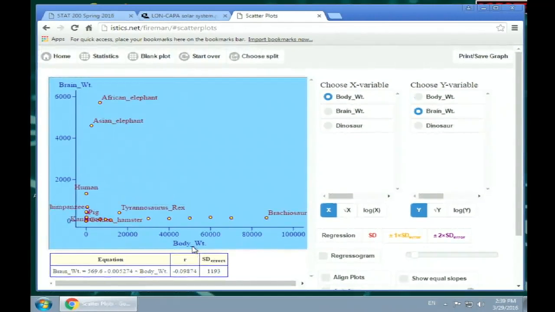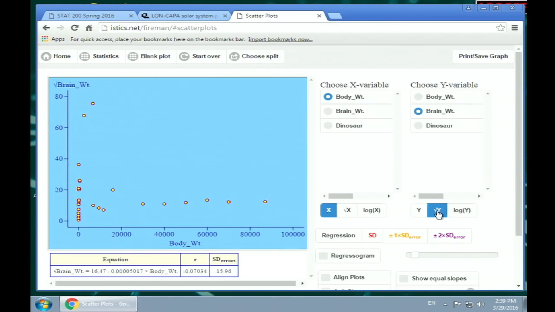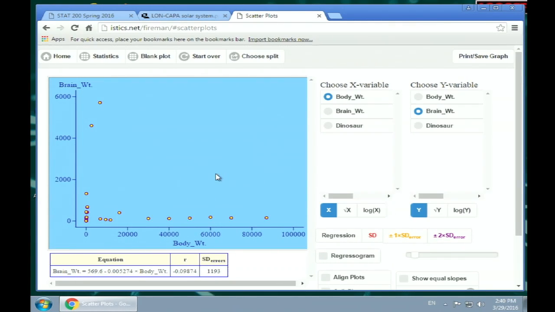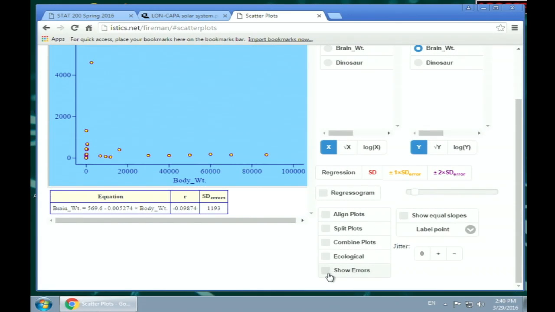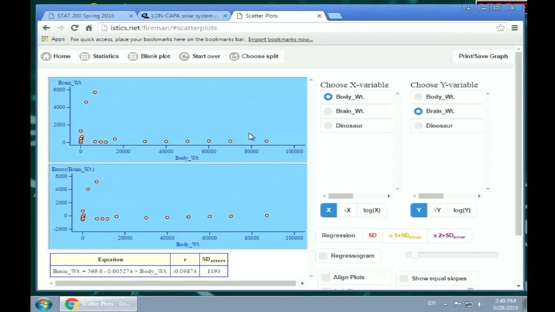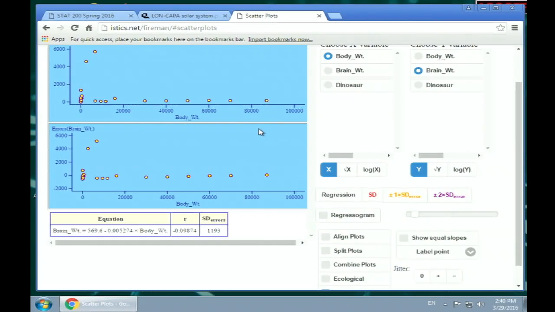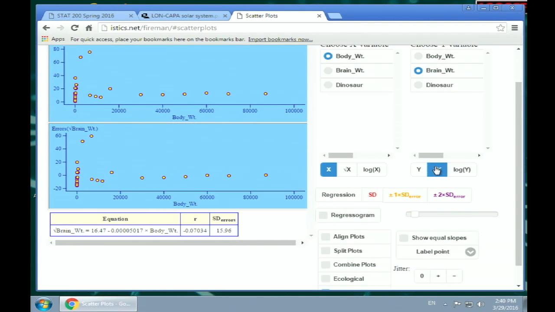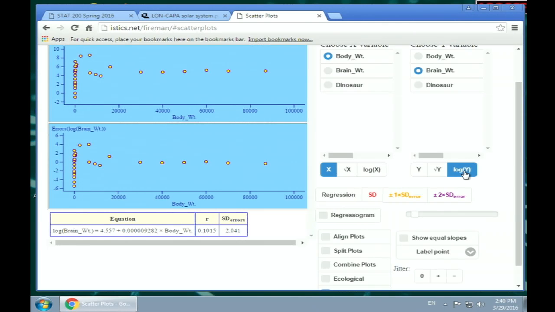And so we're going to take this y, and first we're going to try the square root. Oh, first let's just look at the error plots. You can look at these error plots. They don't look so good. Now let's take the square root. Still doesn't look good. Let's take the log.